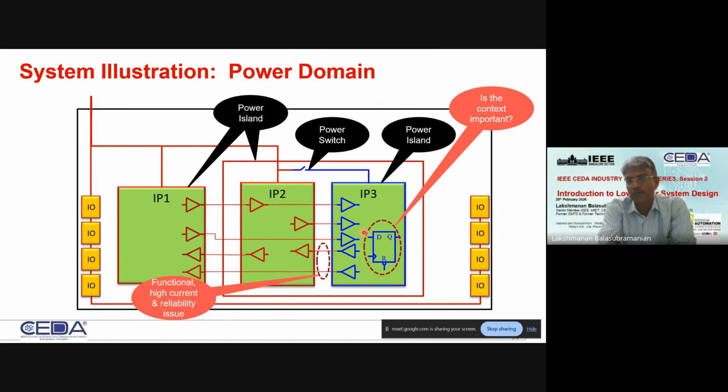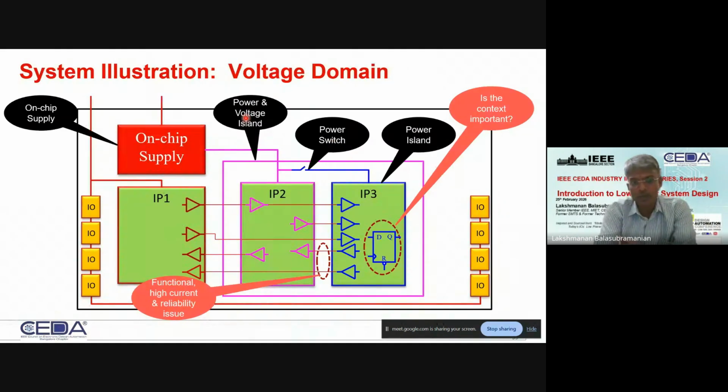If appropriate devices of different technology types are available, I can use them to gain maximum performance for the area at the lowest possible power, because V squared is proportional to active power. So I can reduce the active power and also the leakage power by reducing the power supply voltage of IP2 and IP3. For that, I introduce the on-chip supply.